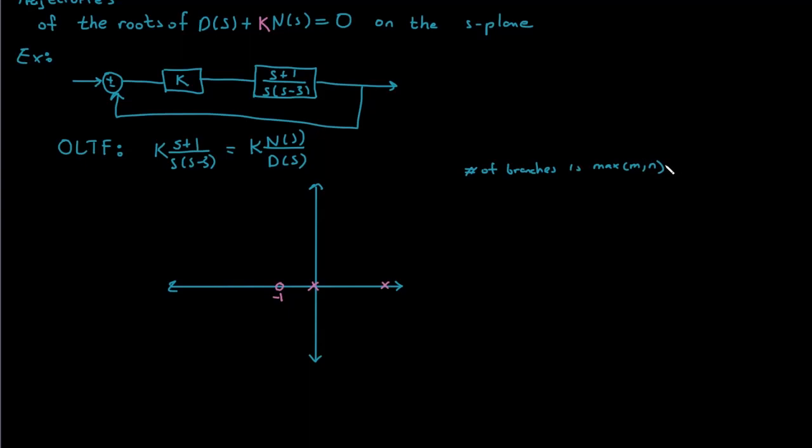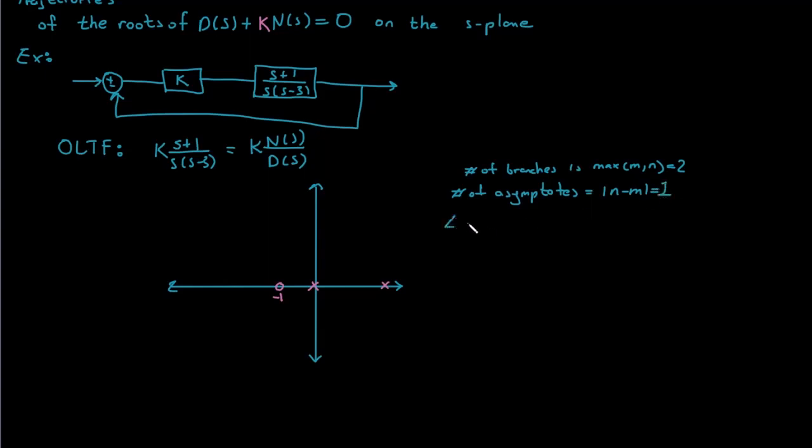So this is equal to 2 this time. And we can also find the number of asymptotes, which is equal to n minus m. Here we have 2 poles and 1 zero, so it is equal to 1.